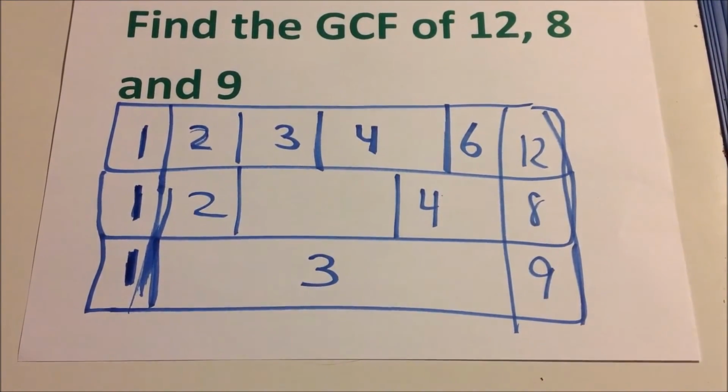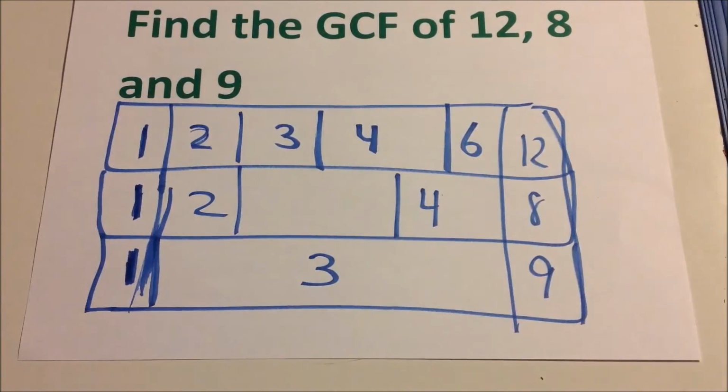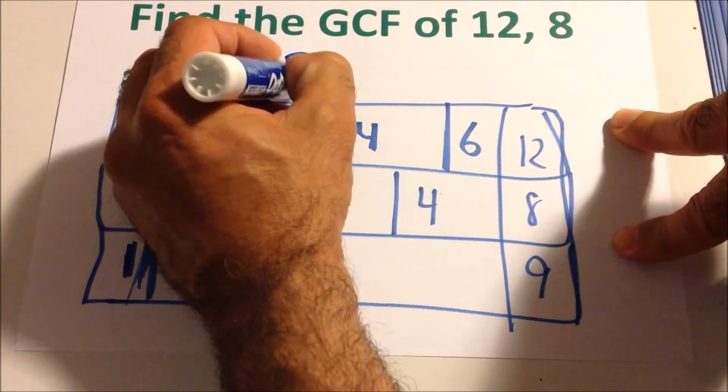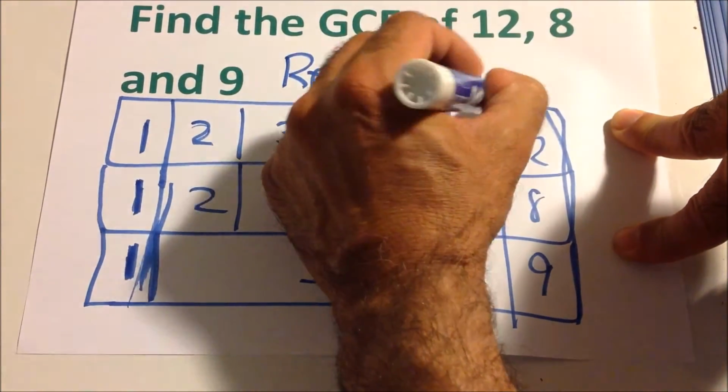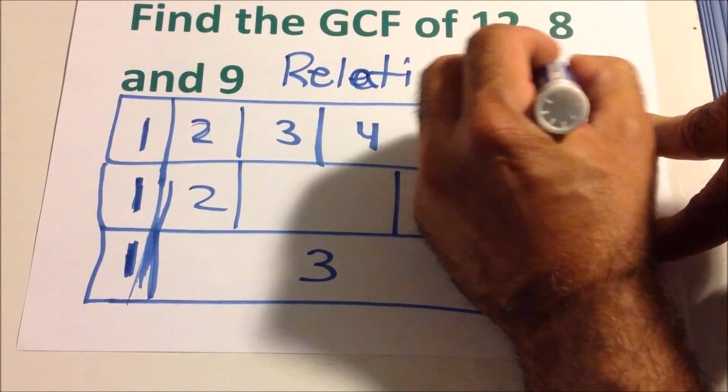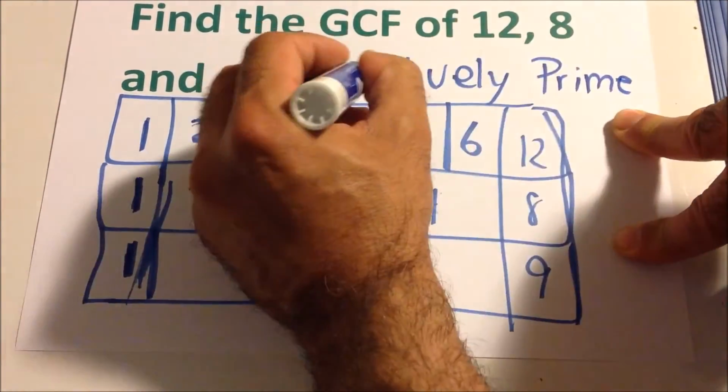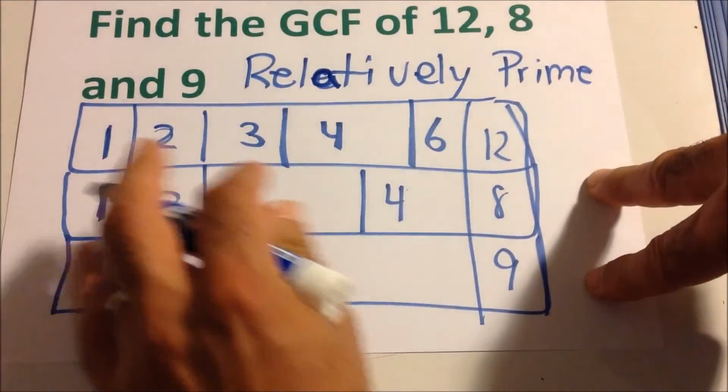Now, when 2 or more numbers only share a 1, it's called relatively prime. So I'll write that down. Okay, so it's relatively prime. Make sure it's an A. Relatively prime.